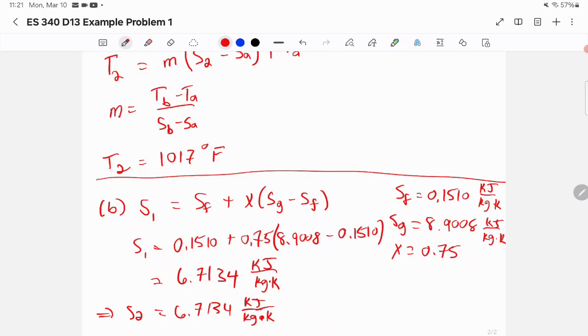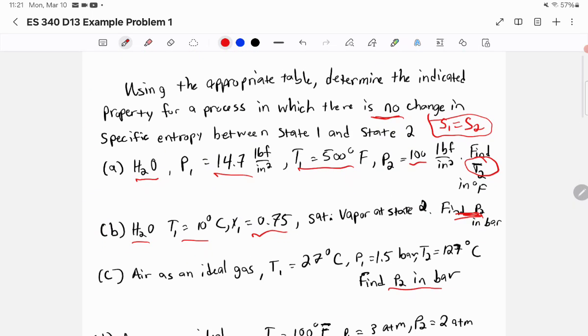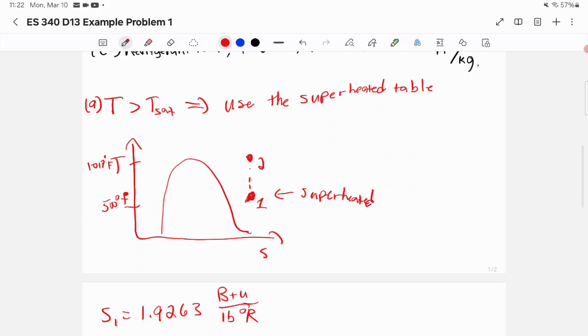That comes from the problem, right? The problem said that S1 has to be equal to S2. No change from state 1 to state 2 means that the values of S are the same.